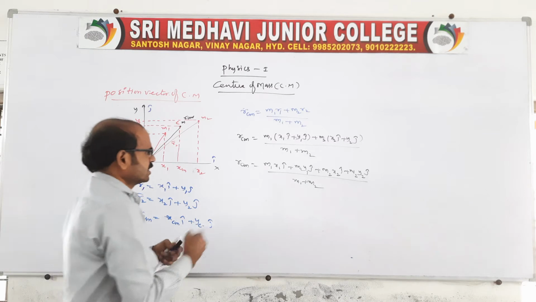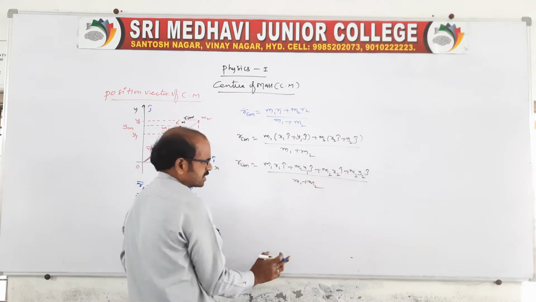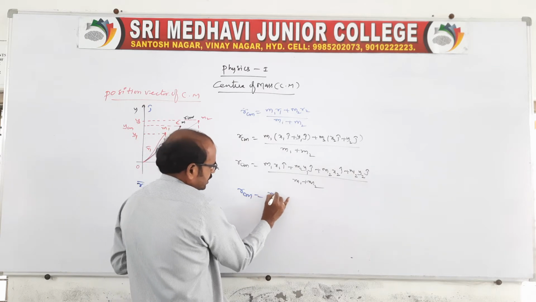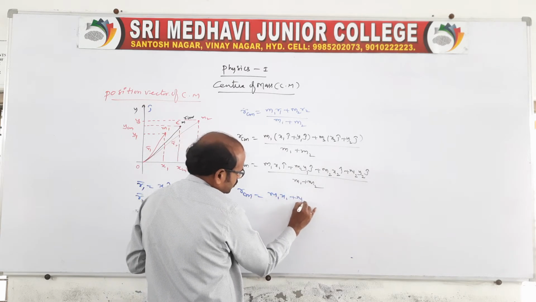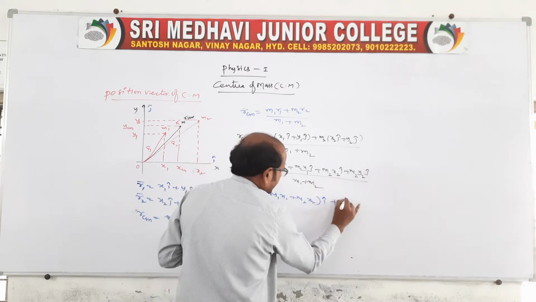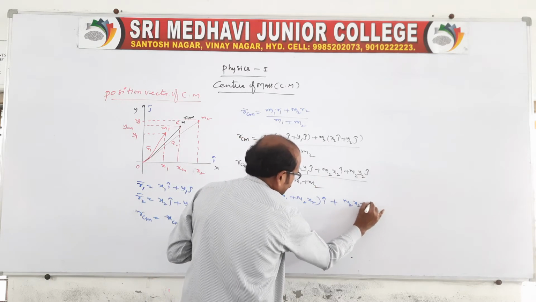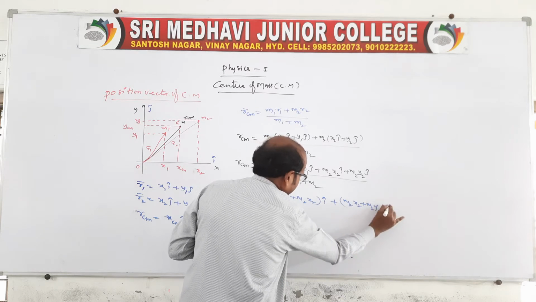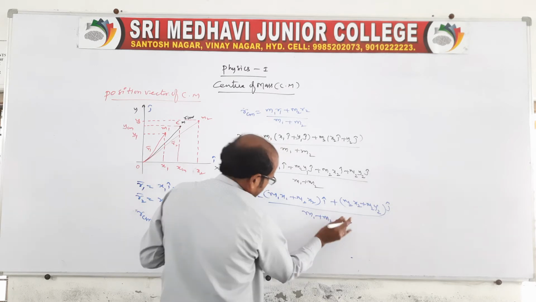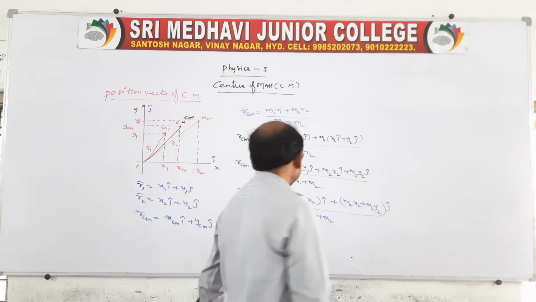And in this case you write the i terms together and the j terms together. Therefore the position vector will be m1 x1 plus m2 x2, you take i common, then m1 y1 plus m2 y2 and j cap, by m1 plus m2. Now you separate, divide separately with m1 plus m2.